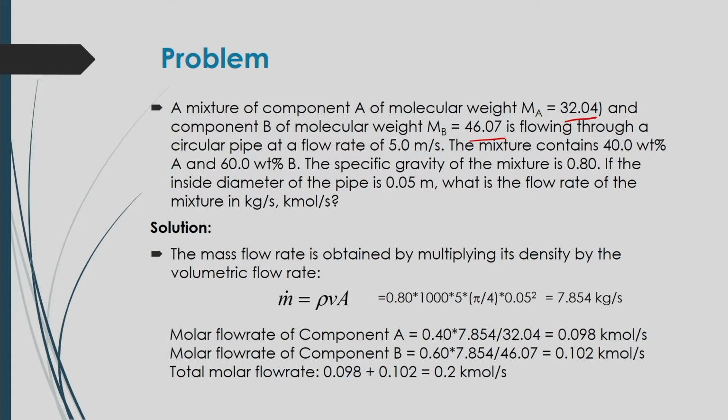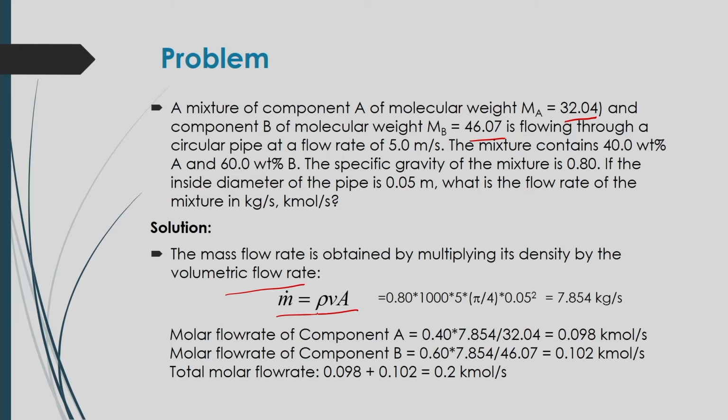So, in this case what is interesting is that the mass flow rate is obtained by multiplying its density by the volumetric flow rate. Here the velocity is given to you, and from this you can get the mass flow rate just by multiplying by density.